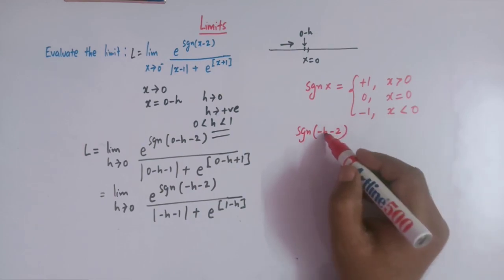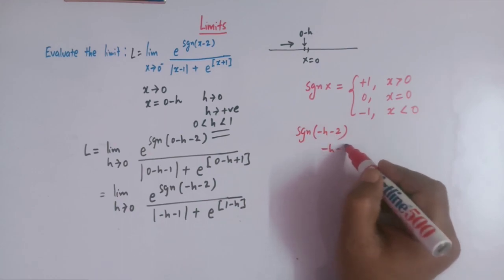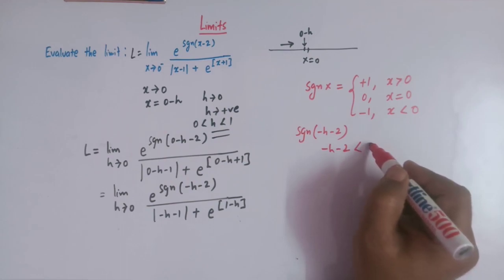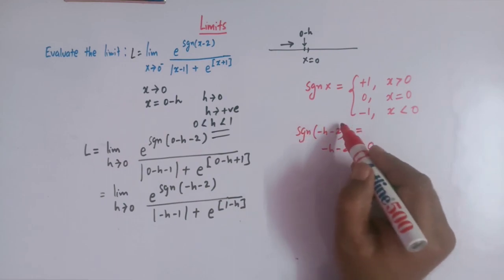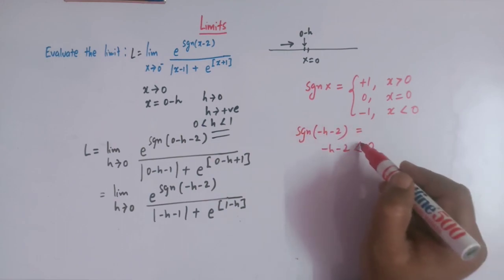We know h is a positive quantity, so minus h minus 2 is always less than 0.